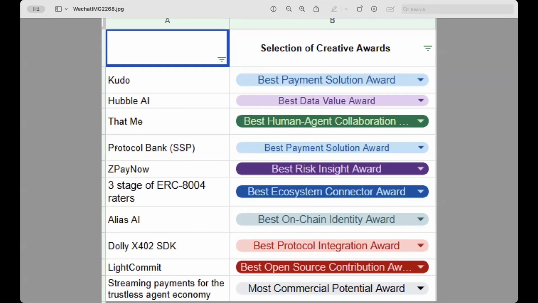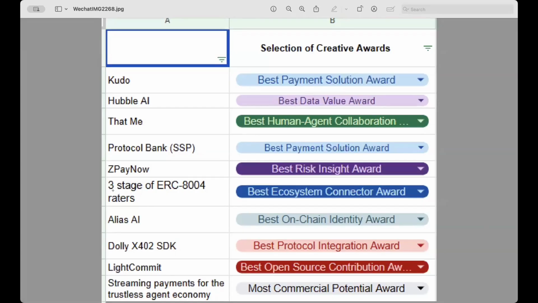The next one is Protocol Bank SSP for taking the Best Payment Solution Award. Congratulations. And next, a big shout out to ZPayNow for taking home the Best Risk Insight Award.